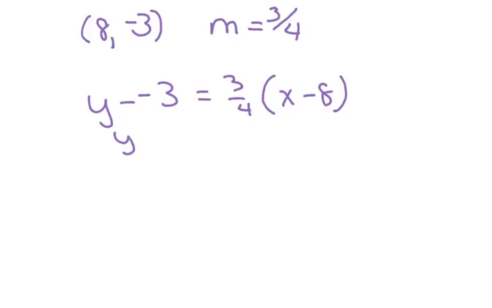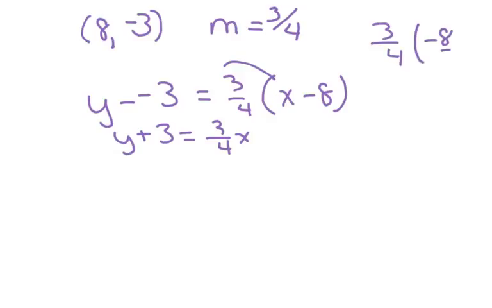This is going to be y plus 3 equals 3/4 x. I'm distributing, and 3/4 times negative 8 over 1. 4 goes into that 2 times, so we're going to get negative 6. 3 times 2 is 6, and there's that negative.